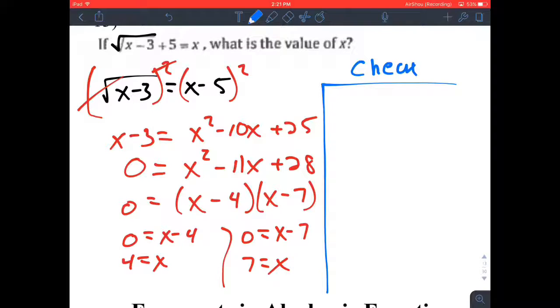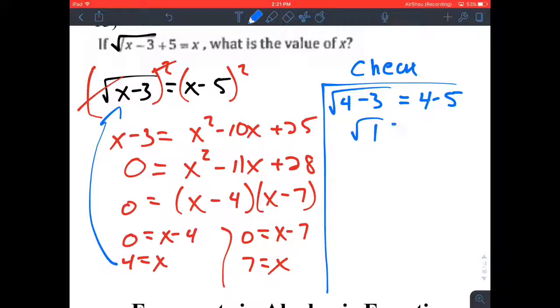If I put a 4 into this, that's going to be square root of 4 minus 3 equals 4 minus 5. 4 minus 3 is 1. 4 minus 5 is negative 1. Square root of 1 is 1. Does 1 equal negative 1? It does not. So that's not an answer.